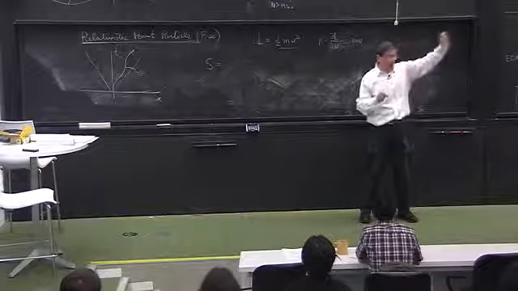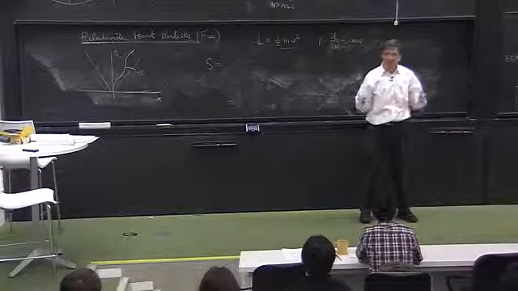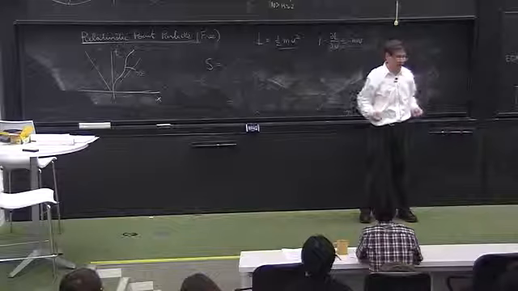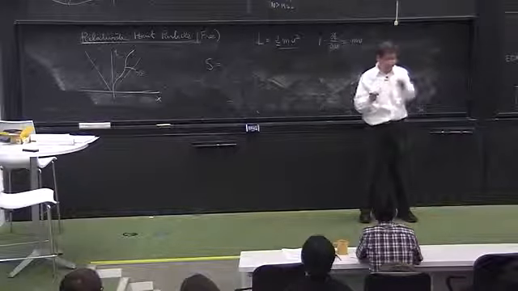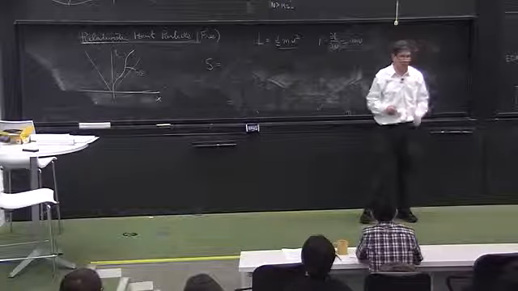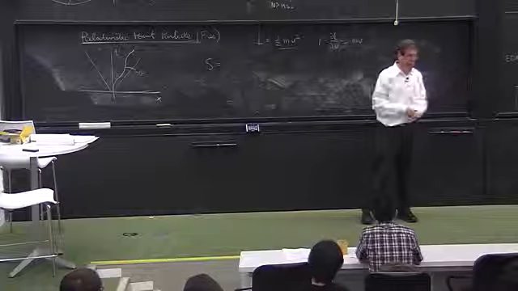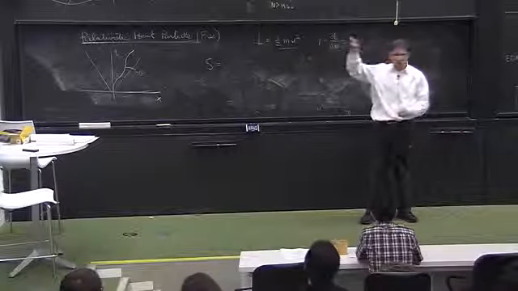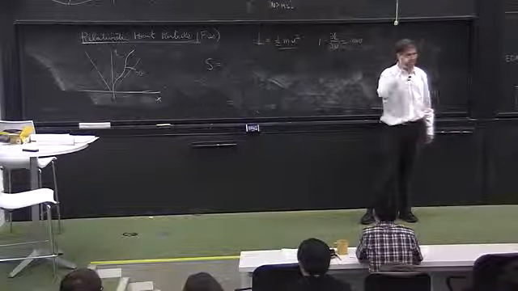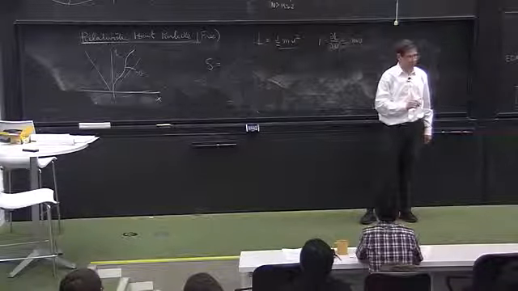Therefore, everybody agrees that that motion is physical. Every Lorentz observer agrees that the motion is physical. Therefore, you have a Lorentz invariant formulation. If you take your equation of motion and it's satisfied, everybody will agree. So if I manage to write something that is Lorentz invariant, I have a chance.